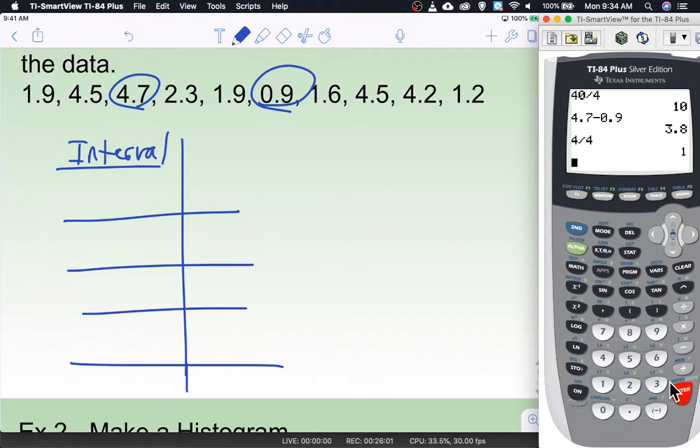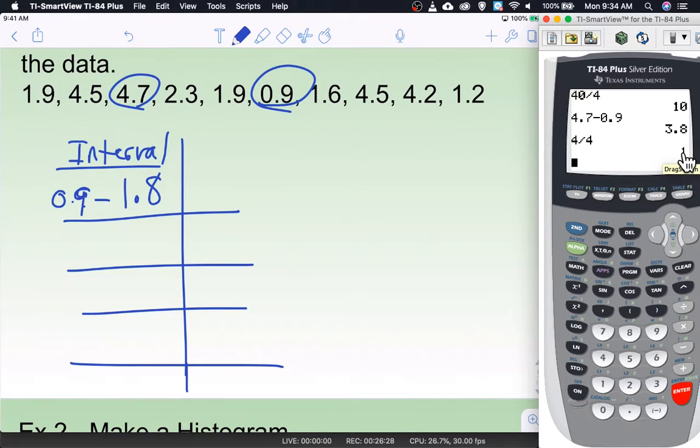So we can go from 0.9 through 0.9. I'm using my fingers. I'm counting tenths. 0.9, 1.0, 1.1, 1.2, 1.3, 1.4, 1.5, 1.6, 1.7, 1.8. That is 10 tenths. That is 1 whole unit.